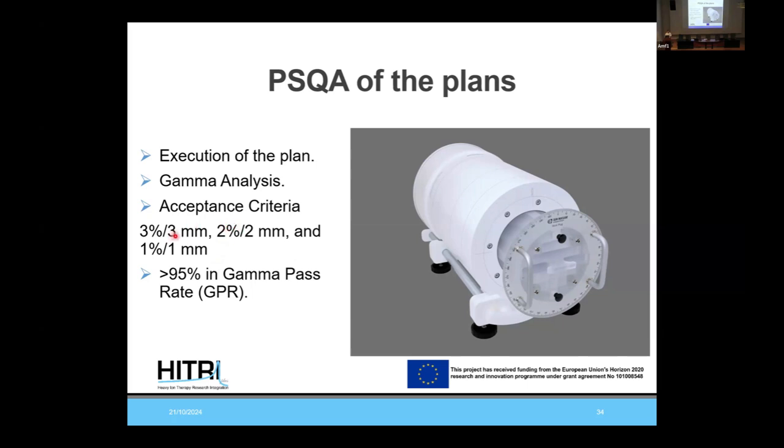Also, the criteria for stereotactic, they are using 1-1. Some other departments might be using 3% with 2 millimeters. I cannot say there is something standard, but always consider that this is kind of global.